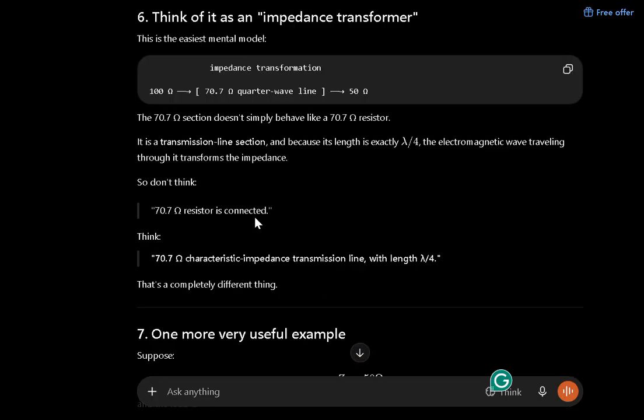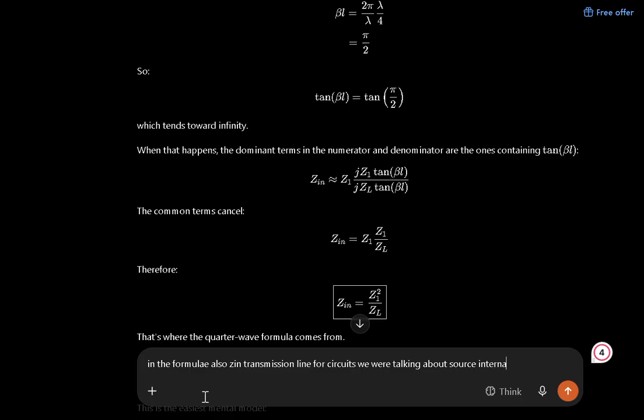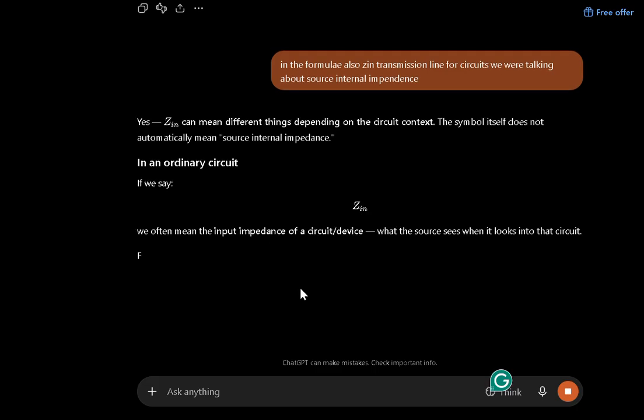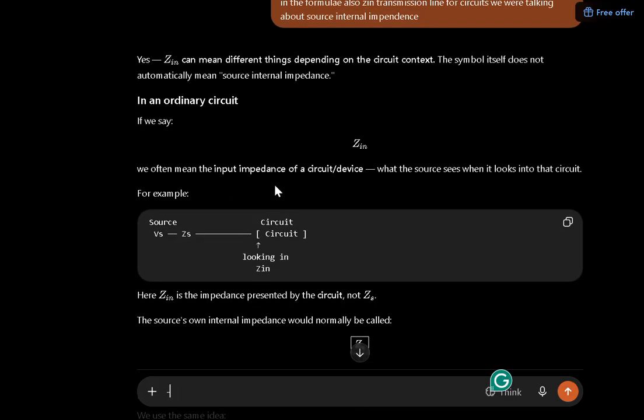Yes, Zn can mean different things depending on the circuit context. In an ordinary circuit, Zn will often mean the input impedance of the circuit, what the source feels when it looks into the circuit.